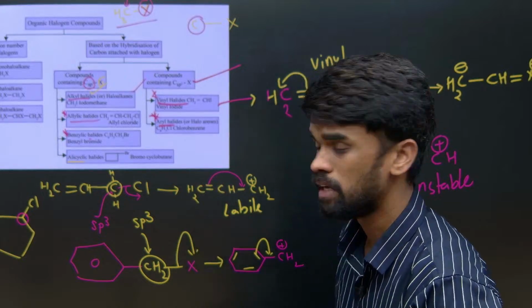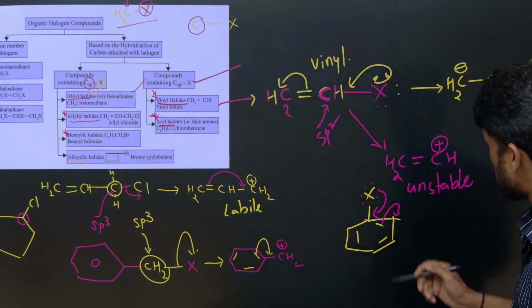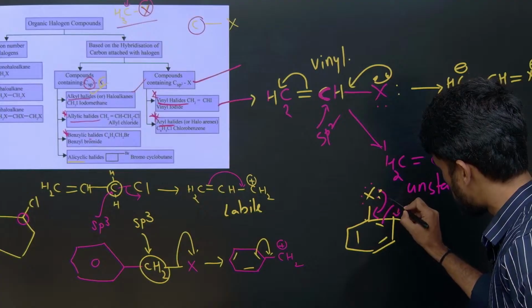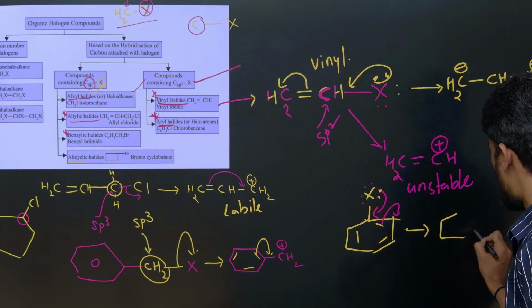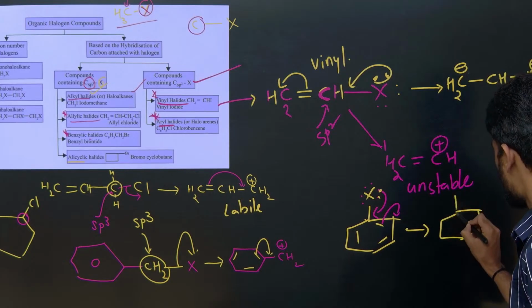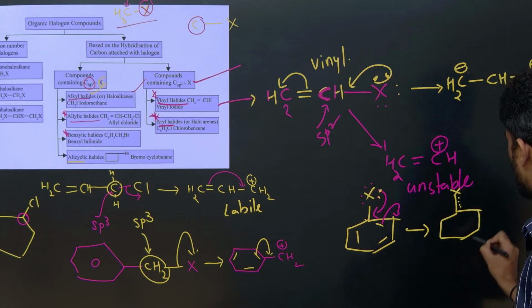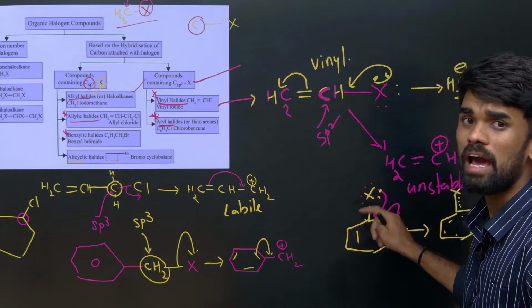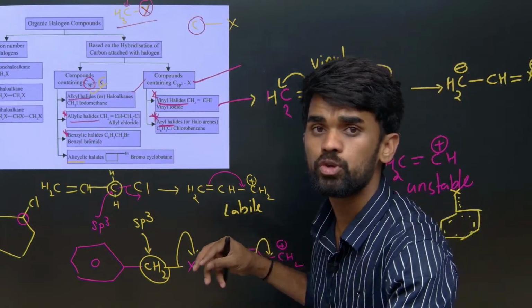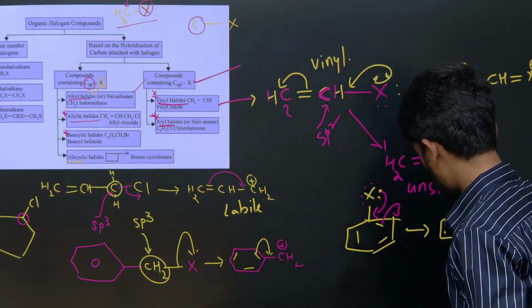I will show you why these points are important also. Due to the lone pair electrons' participation in conjugation with the pi electrons, it will have some partial double bond character, or the bond strength will be increased here. Due to that reason, it has inertness towards substitution reactions. Okay, I hope it is clear.